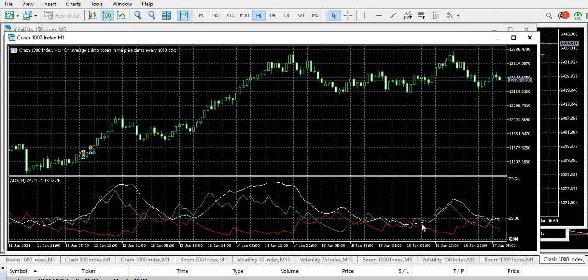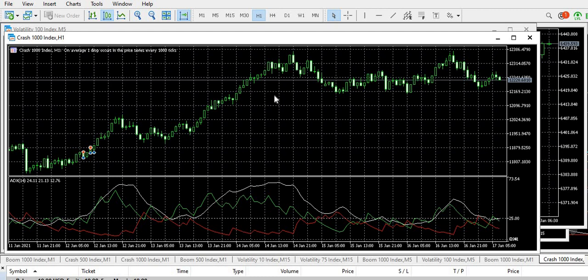As our white line was showing us the signs of trying to go up, our red line, the bears, had consistently shown that they are going down, and so the bulls were in charge. So this was a sweet point to enter and catch a few pips. Okay, and so maybe you caught from here to here, and then from there, as it starts changing direction back, that is a point to exit.